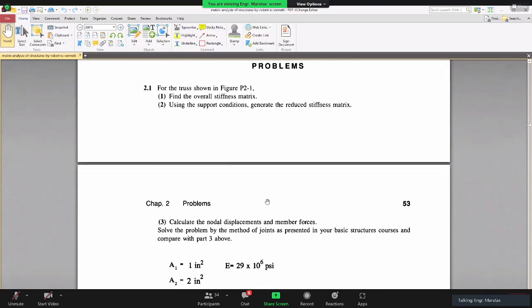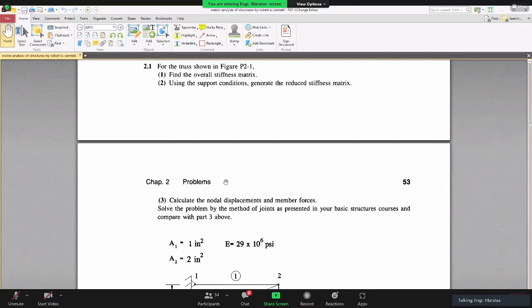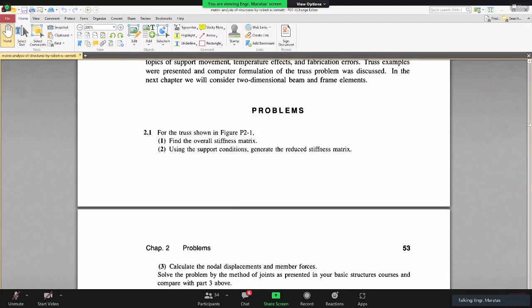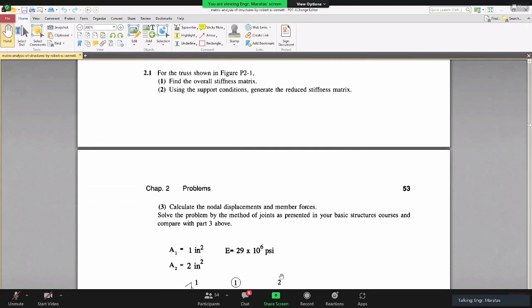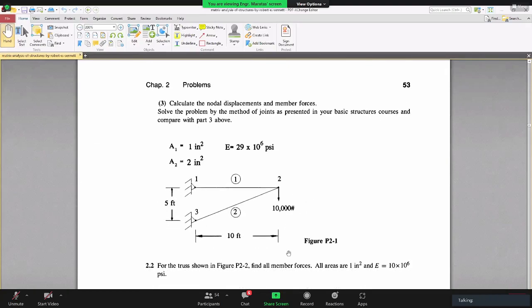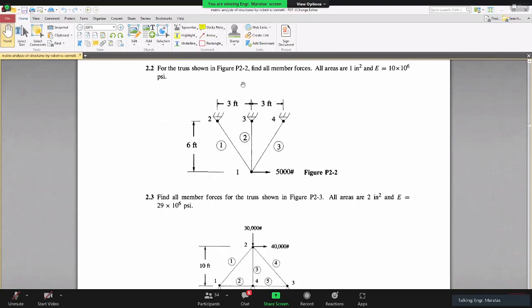I will just post it on Canvas, the assignment for the process. By the way, in your textbook, the solutions are there. This time I would like to present a sample program for example 2.1.